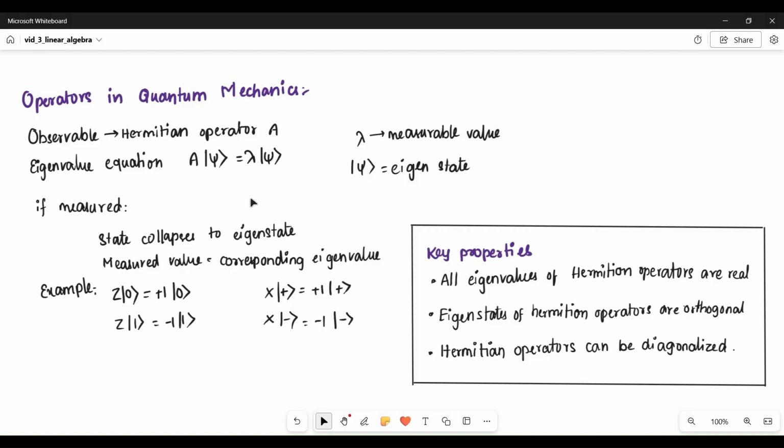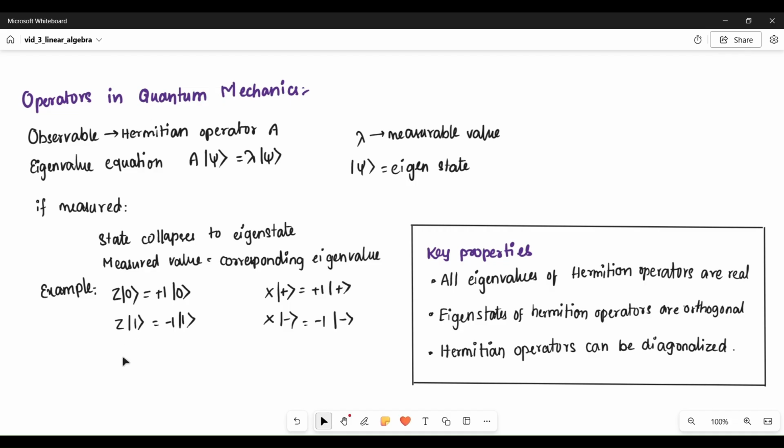Here, A|ψ⟩ = λ|ψ⟩. Here, |ψ⟩ is the eigenstate and λ is the eigenvalue, which is the actual value you get when you measure the system. For example, the Pauli Z operator acting on |0⟩ gives +1 times |0⟩. So +1 is the eigenvalue for that state. Similarly, |1⟩ is an eigenstate with eigenvalue −1 under Z.